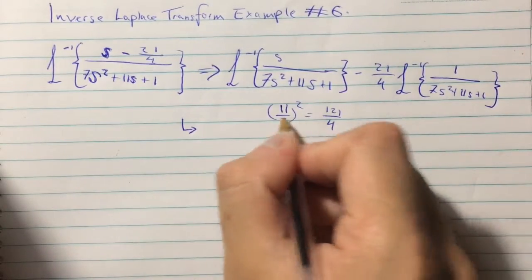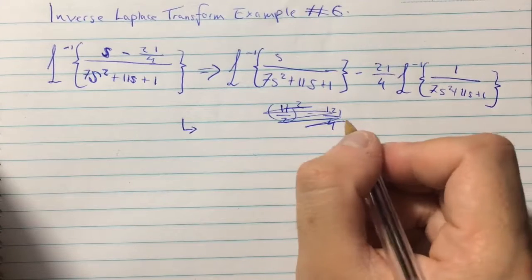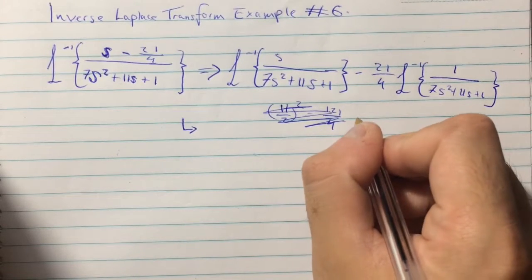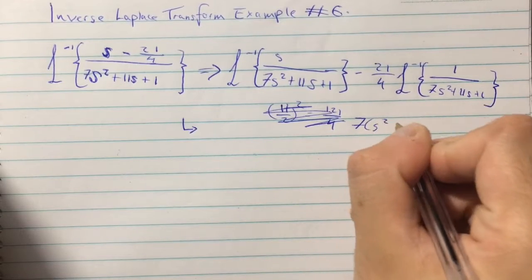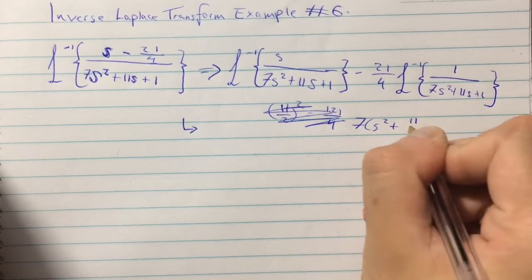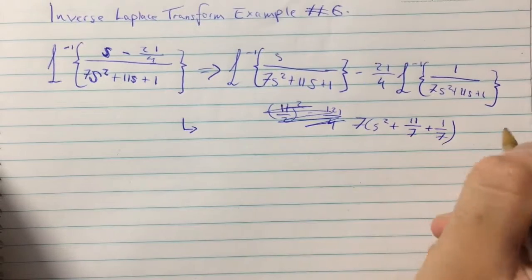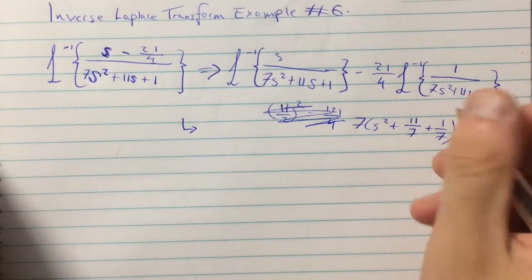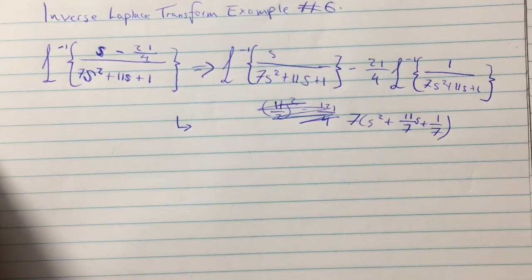But before I do that, sorry, I have to take the 7 out the front. So 7 times (s squared plus 11s over 7 plus 1 over 7). Alright, cool.